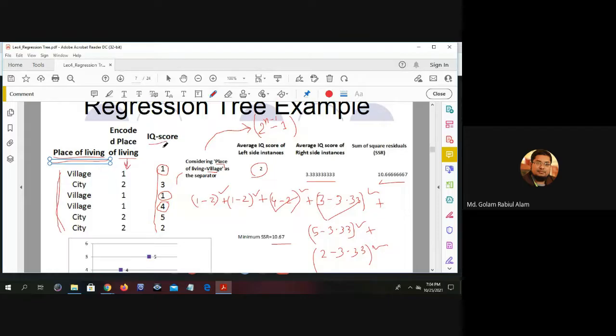Then the IQ score, the same IQ score. The first observation means the first person lived in a village, and this is the IQ score. So now we have to consider the place of living and IQ.